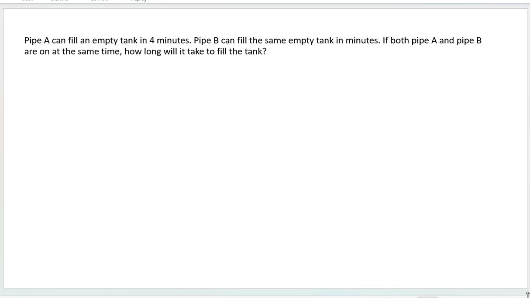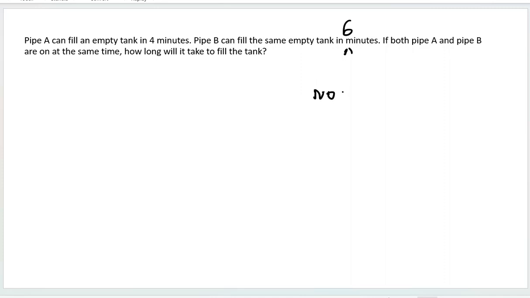In the same way, we solve this. Pipe A can fill an empty tank in 4 minutes. Pipe B can fill an empty tank in 6 minutes. If pipe A and pipe B are on at the same time, how long will it take to fill the tank?